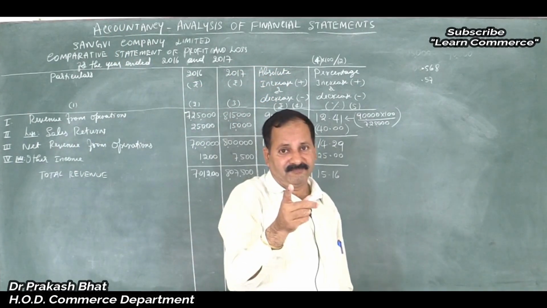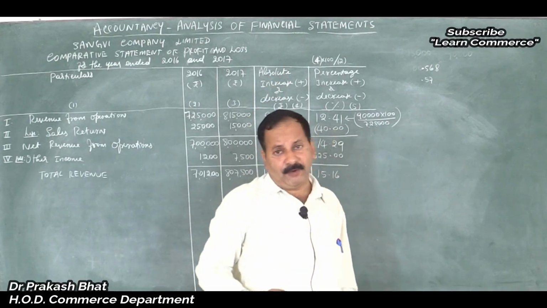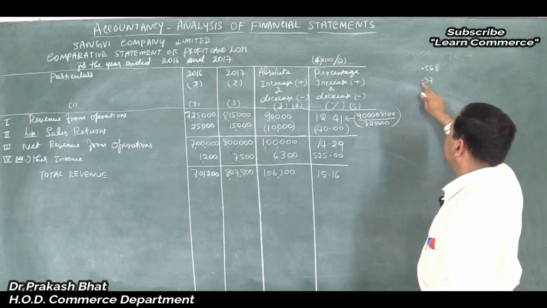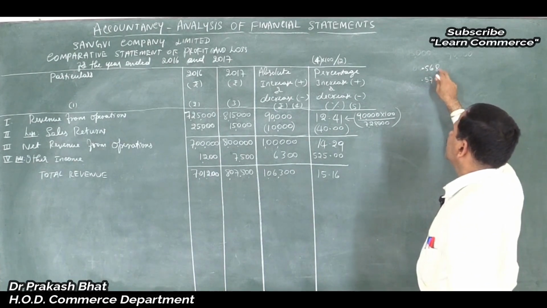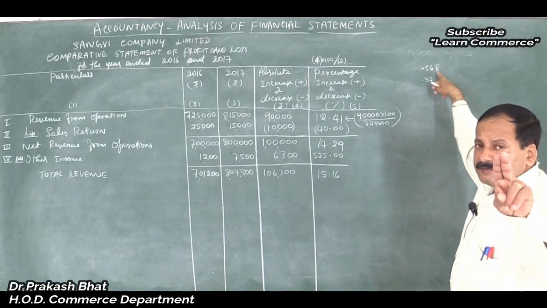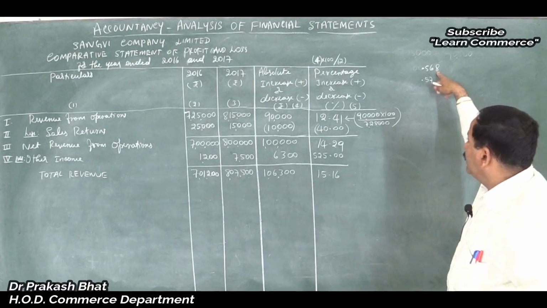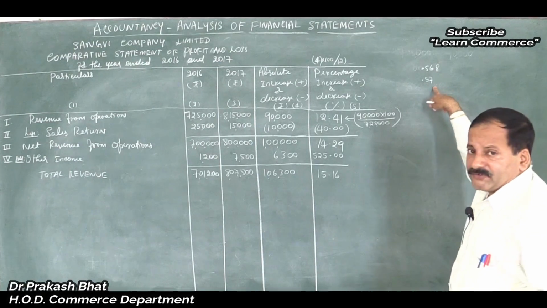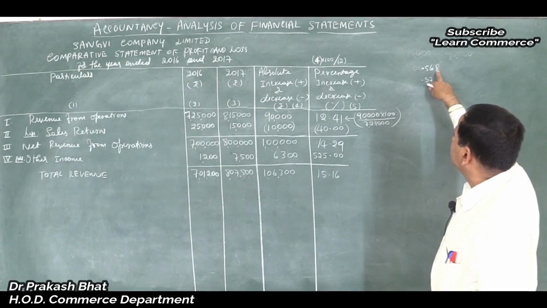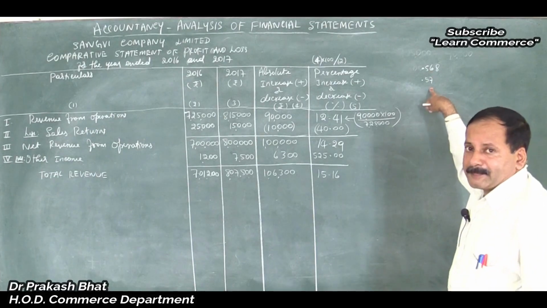Remember this. So restrict up to 2 digits after the decimal point. Clear? If you get 0.568, make it 0.57, because the third digit is more than 5. If the third digit is 5 or more than 5, convert it to the next digit. Like here, the third digit is 8, so I changed the second digit to 7 instead of 6.